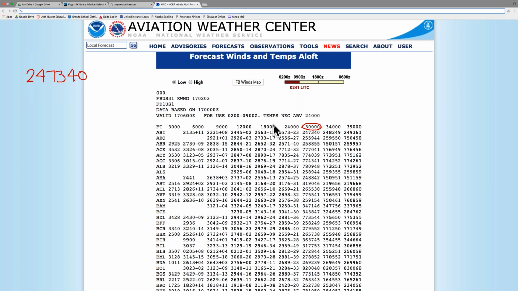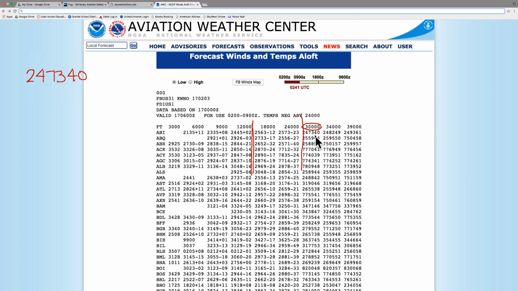On these charts, anything above a certain altitude, maybe 18,000 feet, or above this line here, is assumed to be negative.